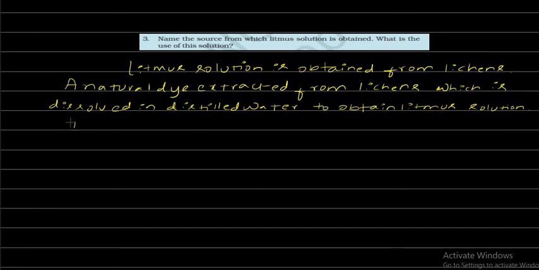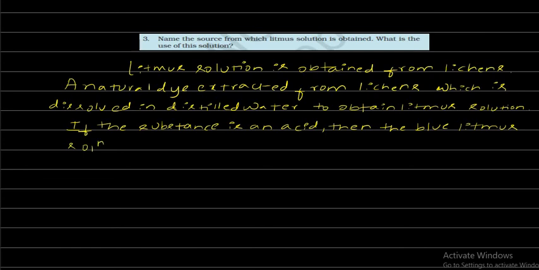If the substance is an acid, then the blue litmus solution changes to red, right?